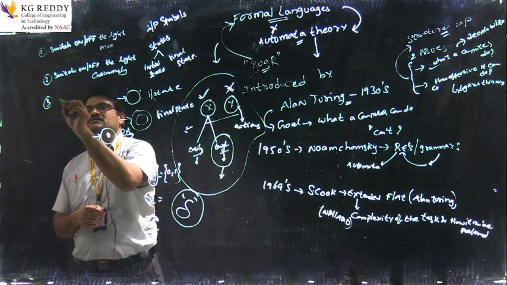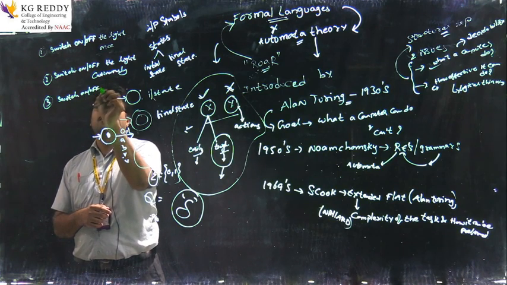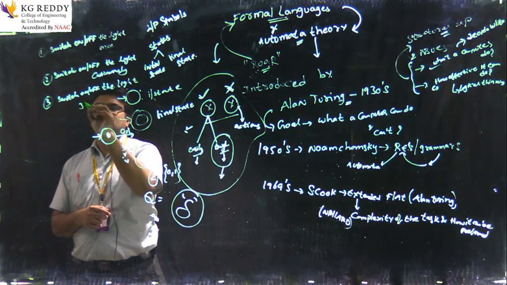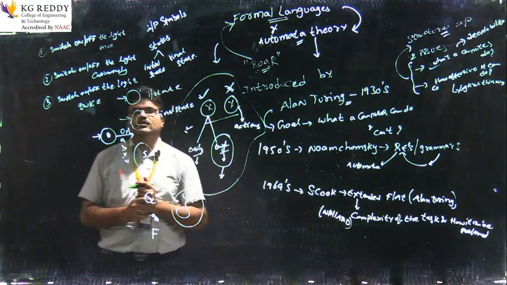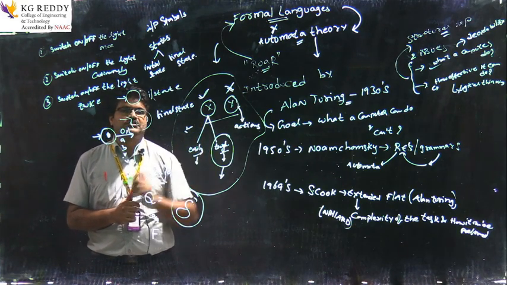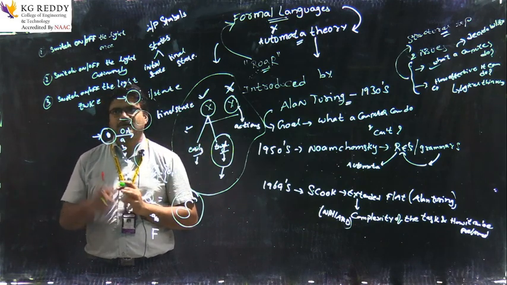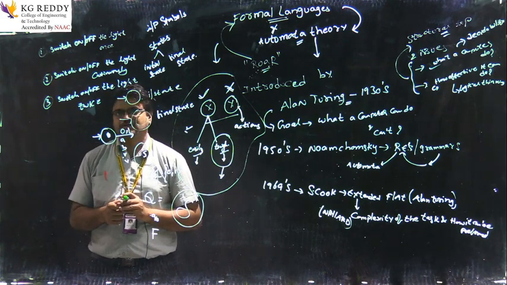Third task, switch on and off the light twice. These are the three different types of tasks I have given. For these three different tasks, we have to give a diagrammatical representation. This is formal language and automata theory. The diagrammatic representation will be drawn for these three different types of tasks.